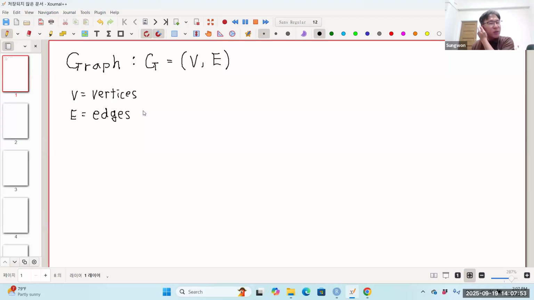If I give you a simple graph, there will be vertices, and then there are some edges between them. There could be no edges between some vertices, or there could be one edge between vertices.